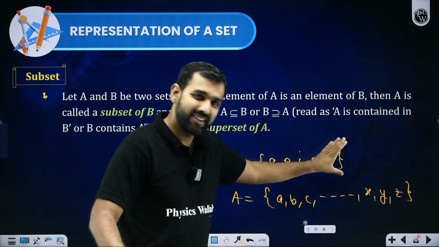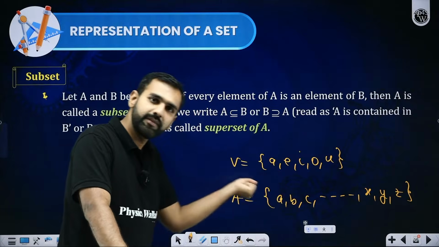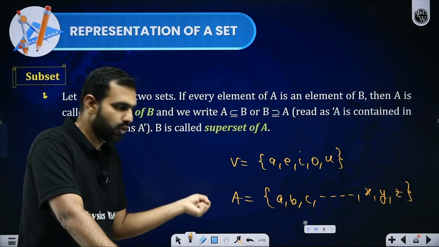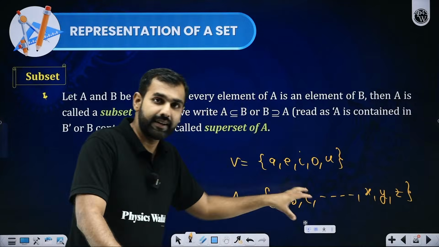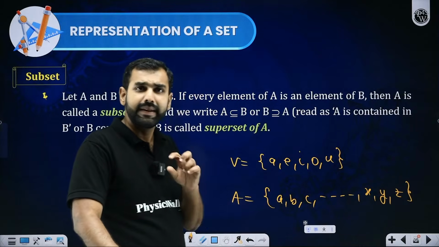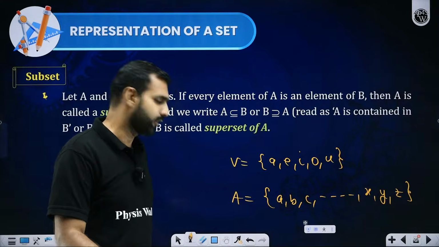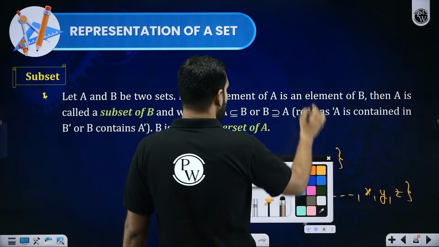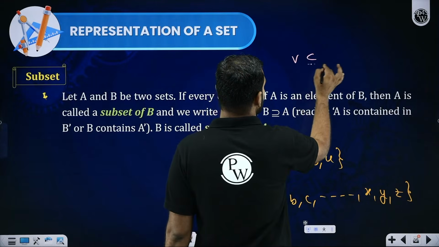Because whatever is there in this set V is taken from this set A. So some elements are taken out and kept in another set V. This set is said to be the subset of A, and mathematically it is denoted by V subset of A.